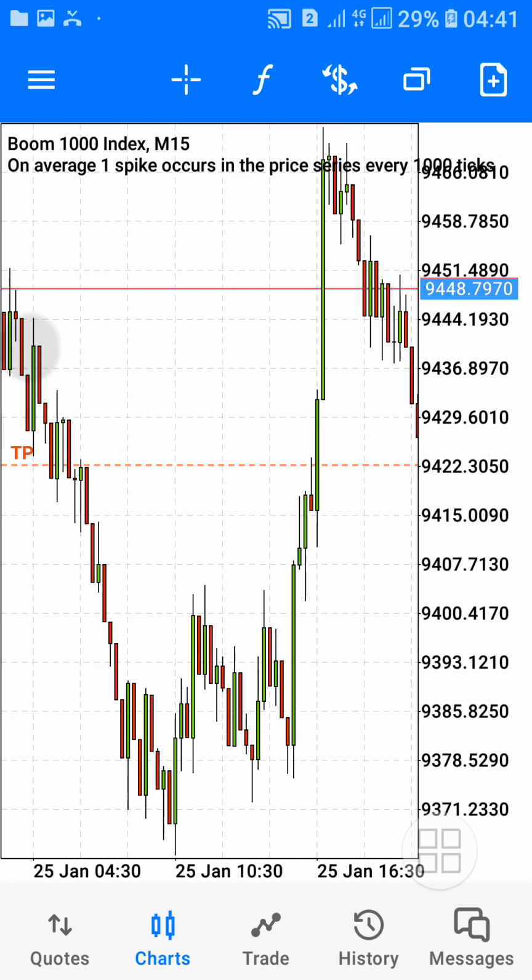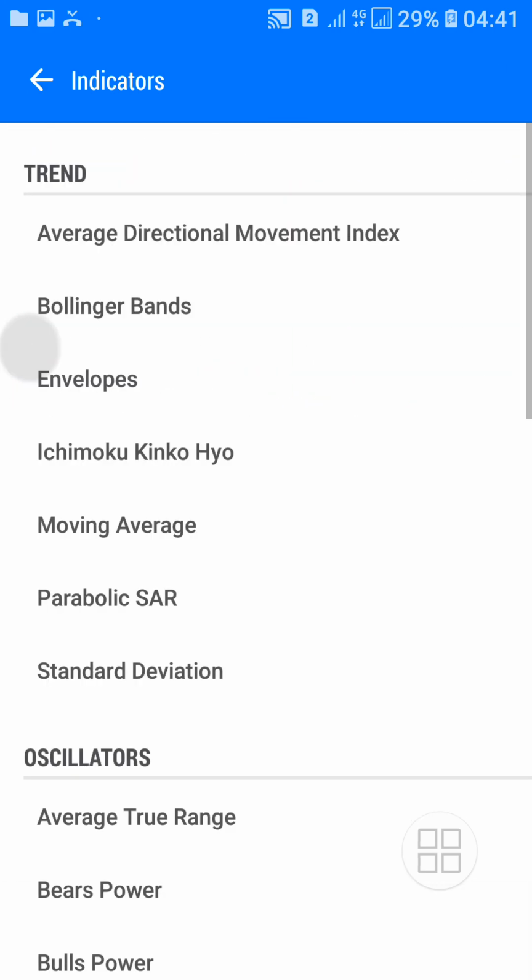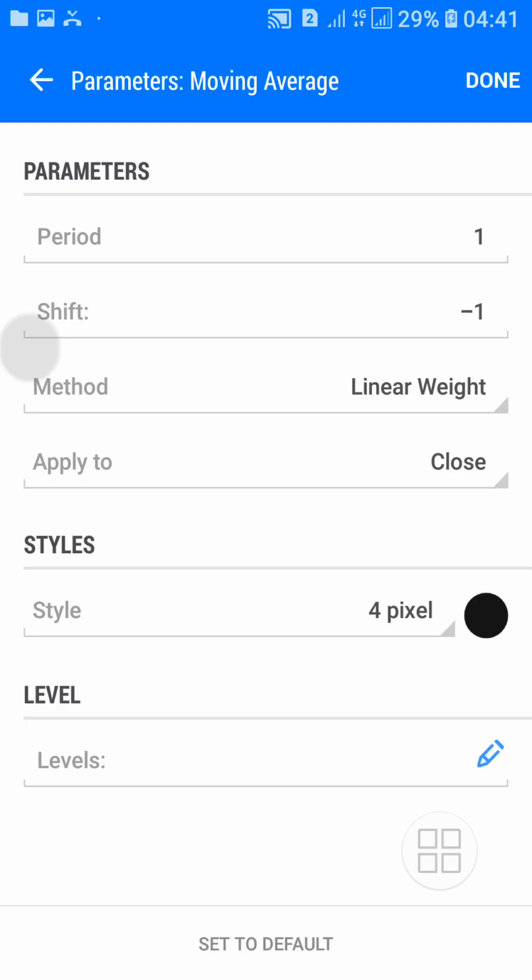So now the first indicator I'm adding is the Moving Average, which goes on the main chart. This is the information we are using in this indicator, so you can do well to screenshot it. The period is 1, and the shift is -1. The method is Linear Weighted, applied to Close. For styles, I'm using a thicker line style because I want the line to be more visible, to see what is happening.